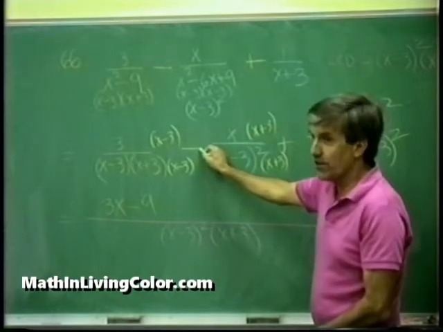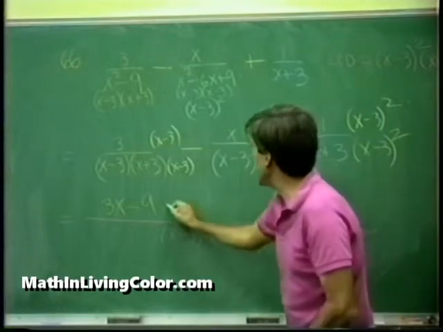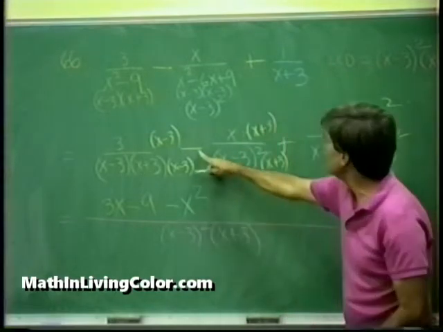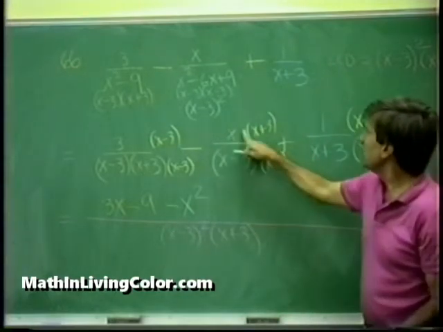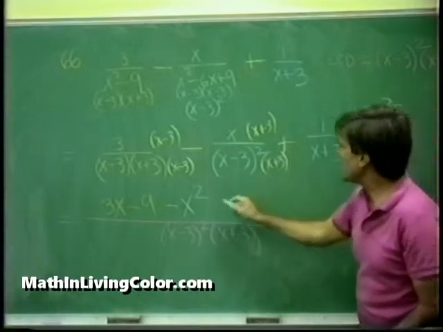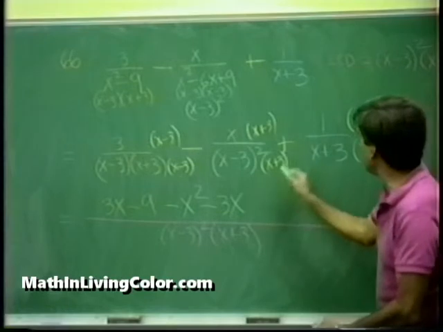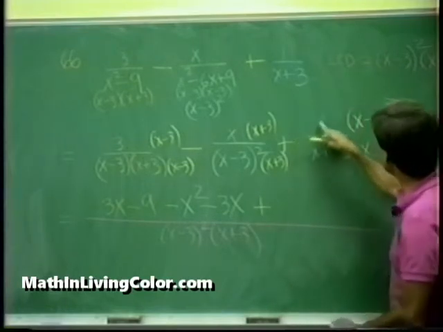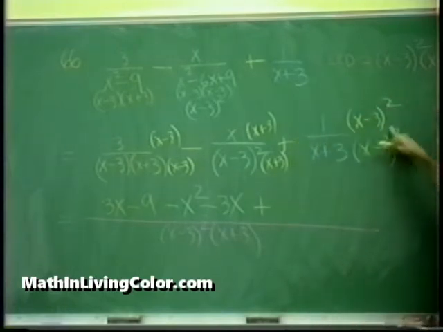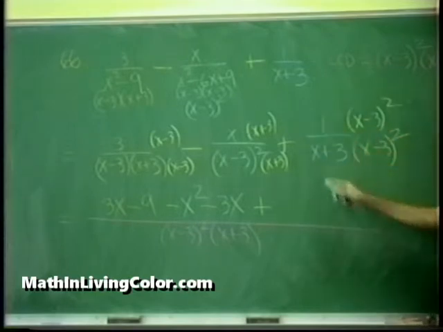You've been warned. Negative x squared, and then what? Minus 3x. Okay, minus 3x. Good. And then we've got this plus, and now we have to do this part. You might as well just go ahead and multiply it out and see what you get.